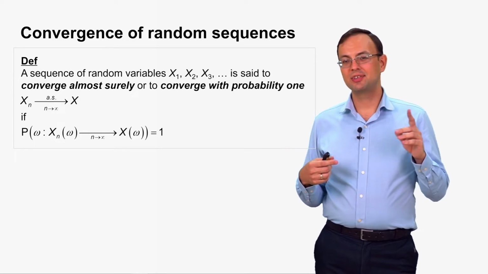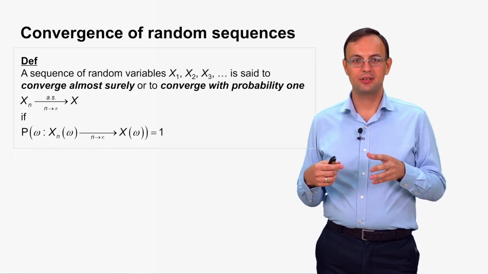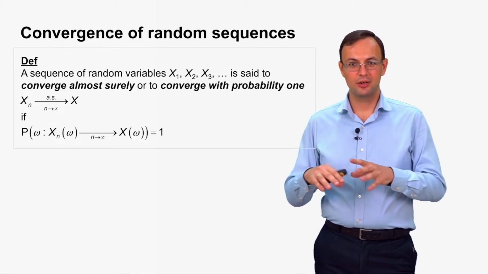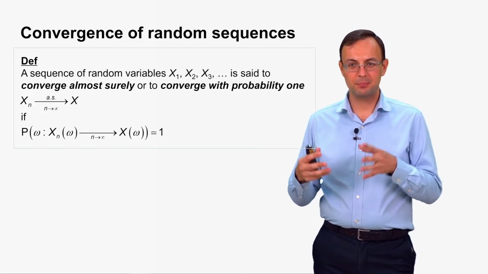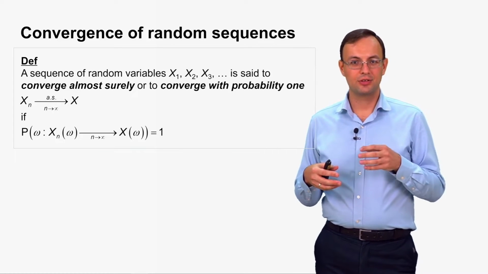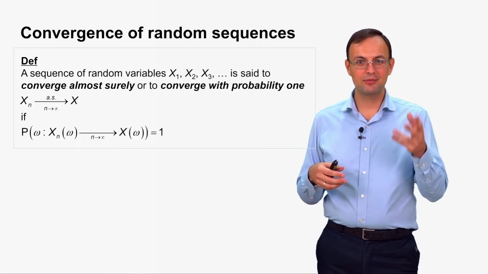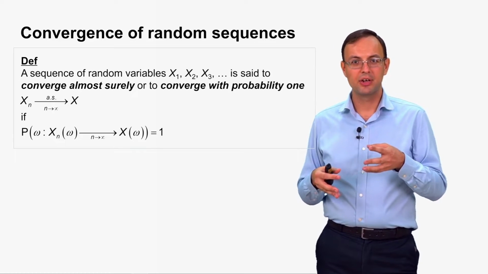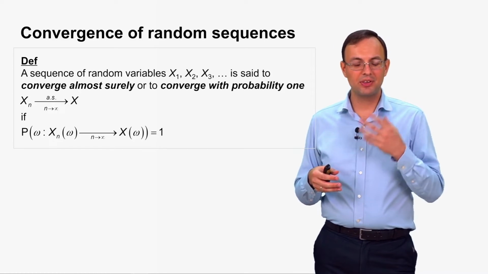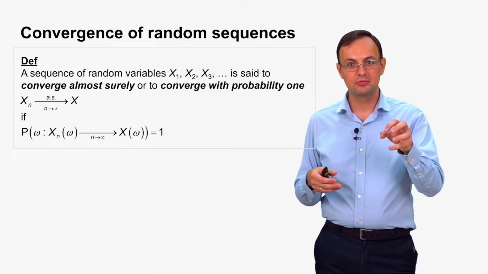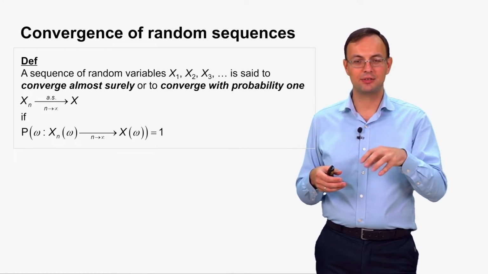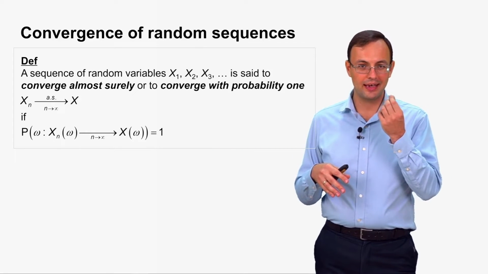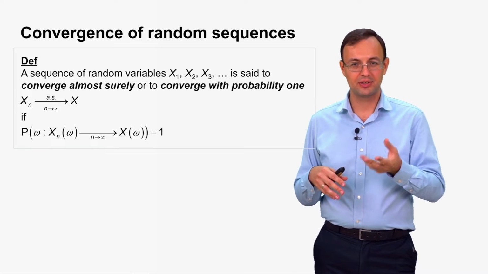This little omega you see here is an outcome of the experiment. Random variables of our interest are based on some experiment, and their numerical values depend on the outcome of the experiment. As you remember, a random variable is mathematically defined as a function defined on a sample space, a function whose argument is an outcome of the experiment.